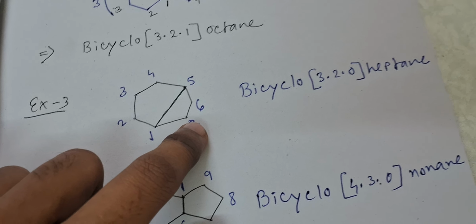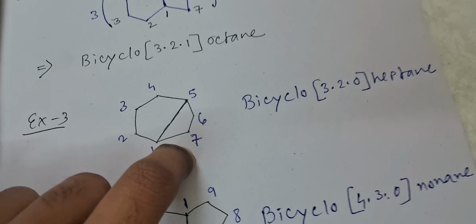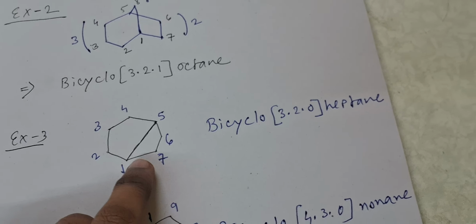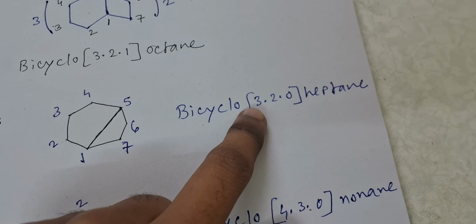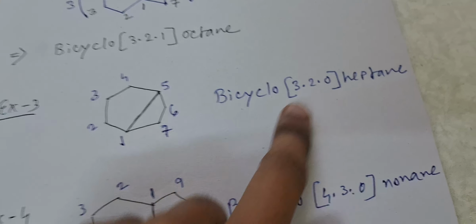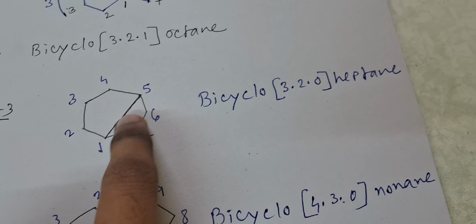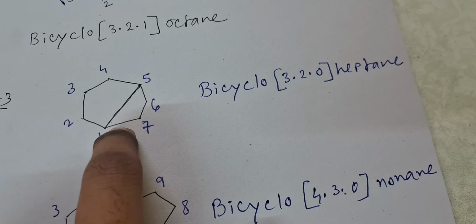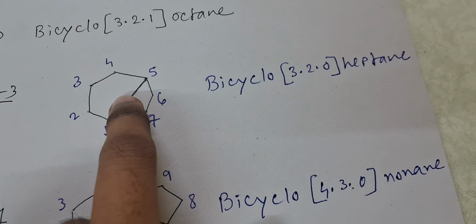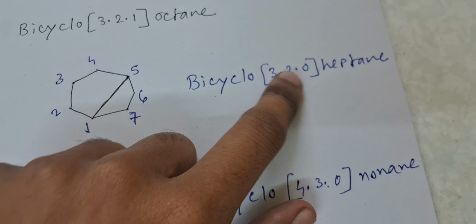Thus you write bicyclo within the square bracket 3 2 0. Why 0? Since there are no atoms present between 1 and 5th, they are connected directly with each other, so here I have written 0.